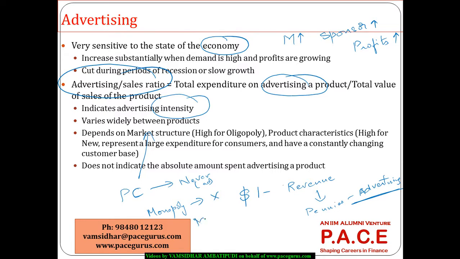You look at monopolistic competition, yes, to some extent you find advertising, but the companies operating in oligopolistic markets, we see they have to spend very heavily on advertising. So depending on the market structure, I can very well see what would be the traditional advertising budget of the company. Then I also have to look at the product characteristics.